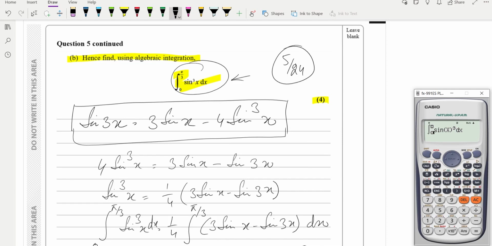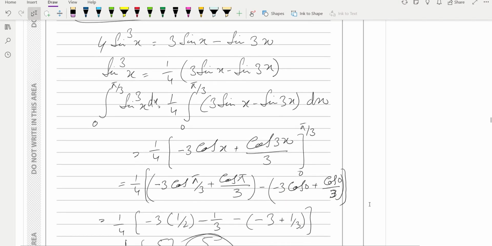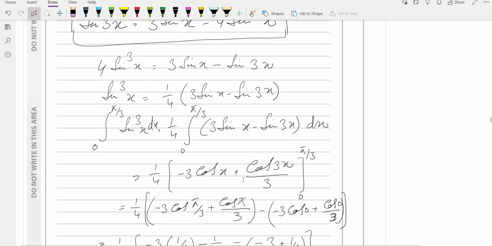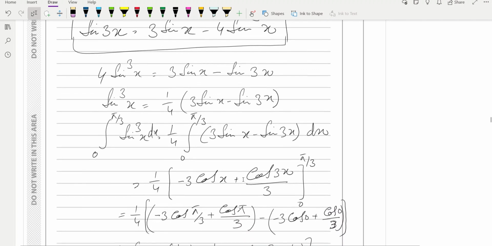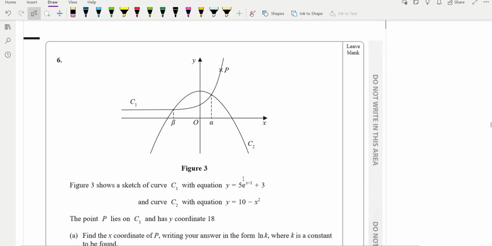Basically the limit will be 0 to pi over 3. If we directly calculate this integral, it is giving 5 by 24. So this implies our answer is correct. You can check your answer. Keep in mind, this is not the direct answer, it's not an alternate. This is just to check whether you have done everything fine or not.